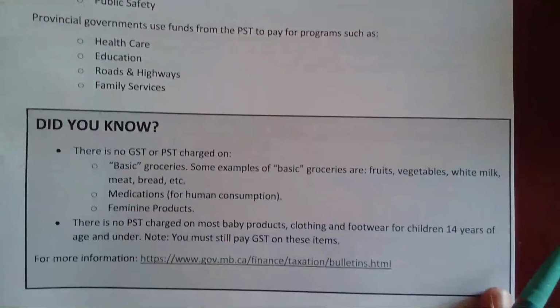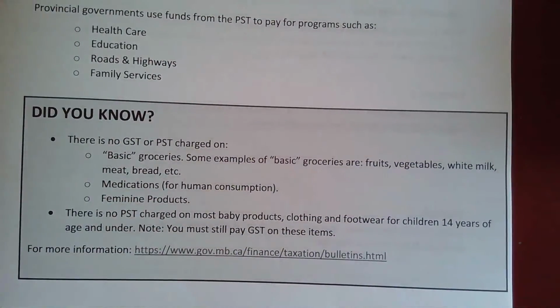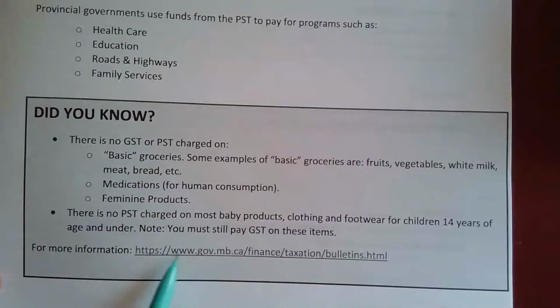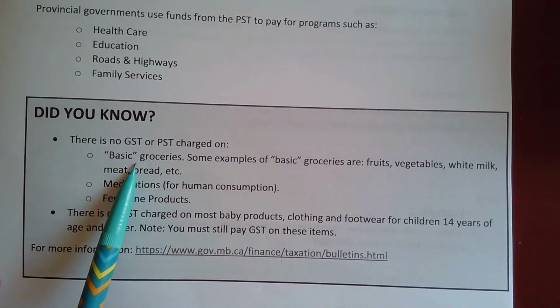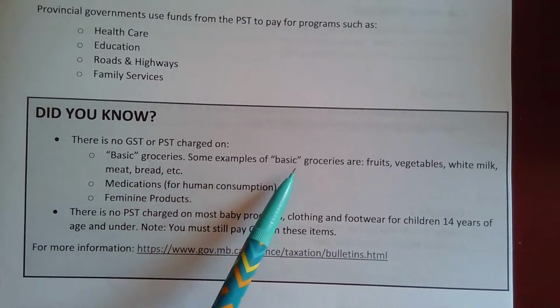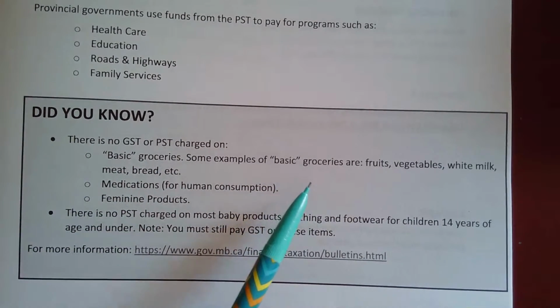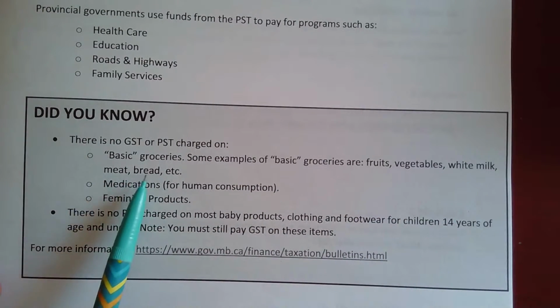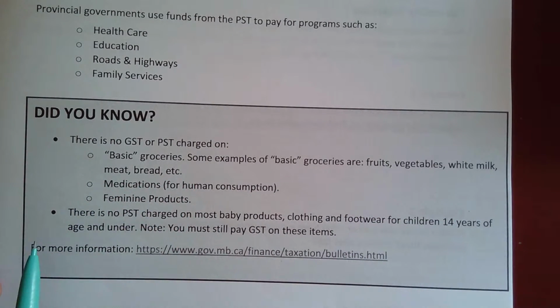If you would like to know more on the topic of GST and PST, we can get more information from this website right here. Just to let us know that there is no GST or PST charged on the following items: basic groceries, for example fruits, vegetables, white milk, meat, bread, and so on.